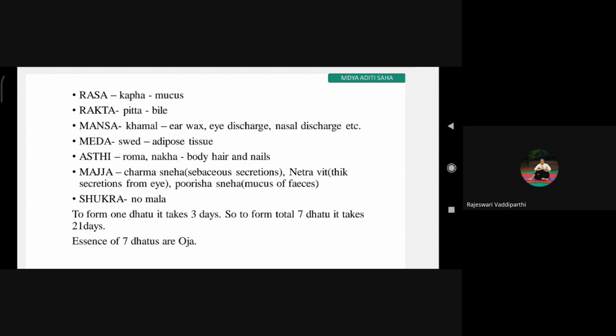So you can understand how small an amount of oja we have, but it doesn't mean we need oja in quintals or kilos. 6 or 7 drops of oja is enough for our body. That is more than enough.